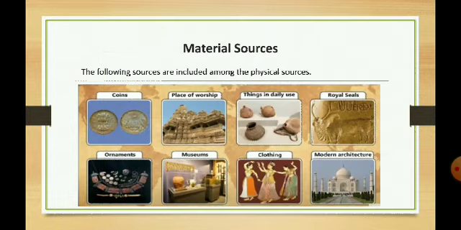Material source includes coins, place of worship, things in daily use, royal seals, ornaments, museums, clothing, and modern architecture.